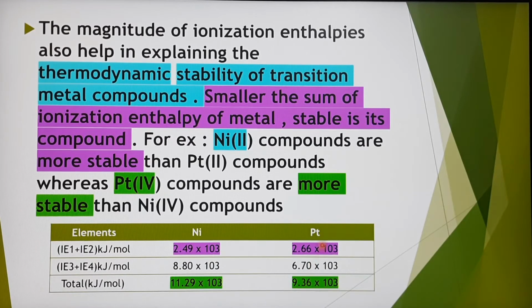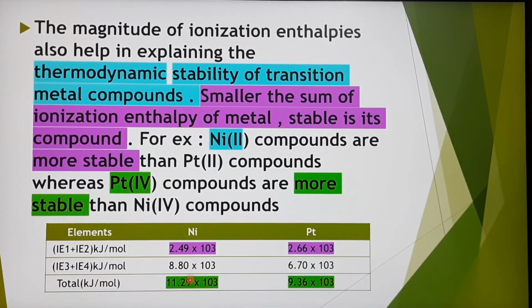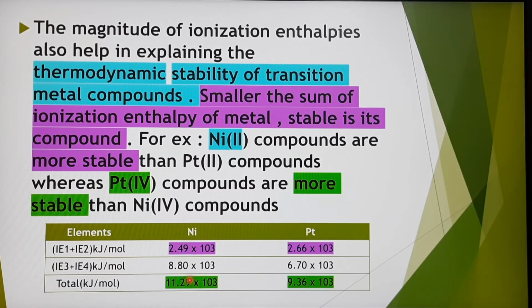So platinum +4 compounds are more stable as compared to nickel +4 compounds. One example is asked, that K2PtCl6 is formed while K2NiCl6 does not. You can explain by applying the same concept.